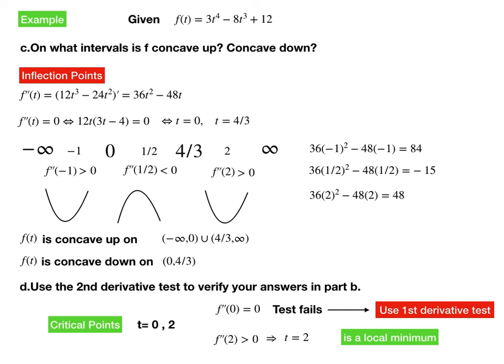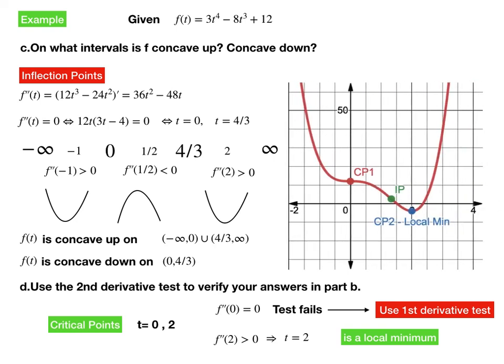So if you have a concave up interval and a critical point in it, that critical point has got to be a local minimum. All right. And again, we just used the second derivative test to verify our answers in part B. In part B, we found 0 is neither a local max nor a local min, and 2 is a local minimum. So we verified our answers.